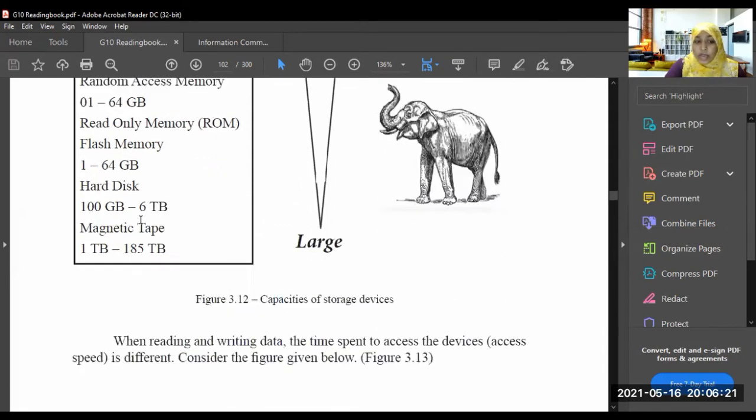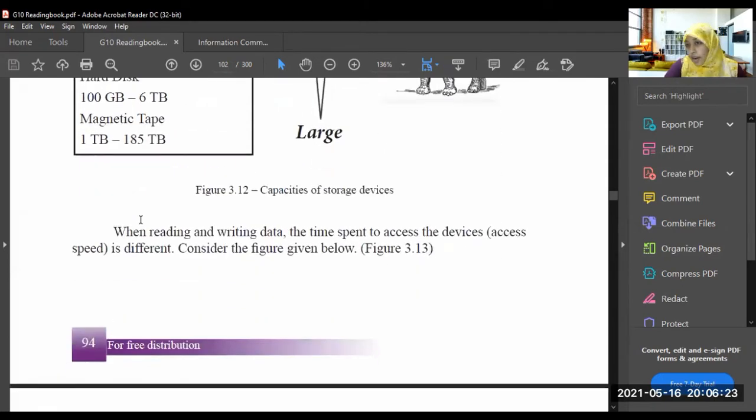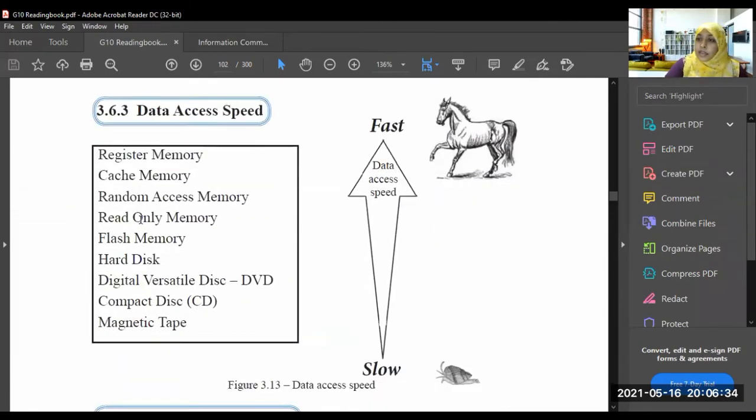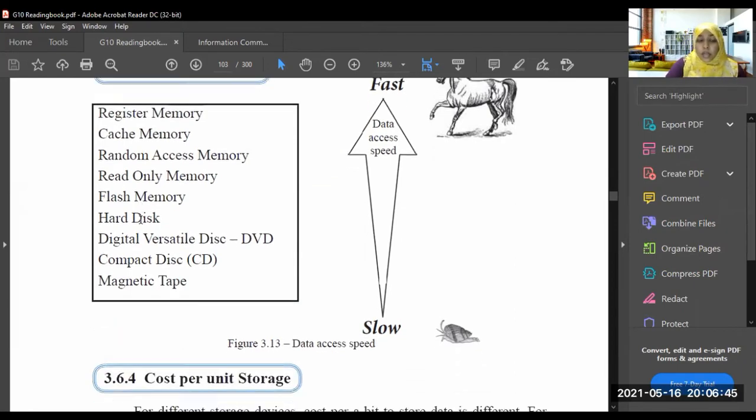So when reading and writing the data in these storage devices, or as we call it, access speed, we can classify these storage devices according to the access speed.